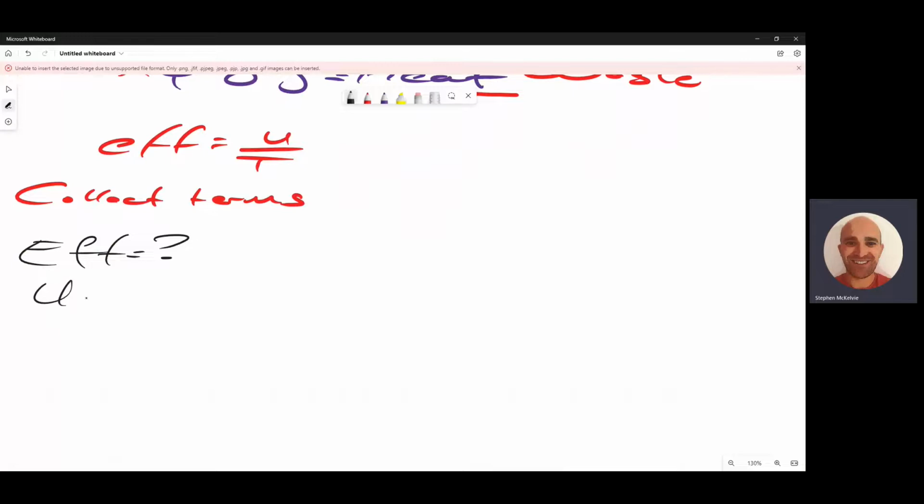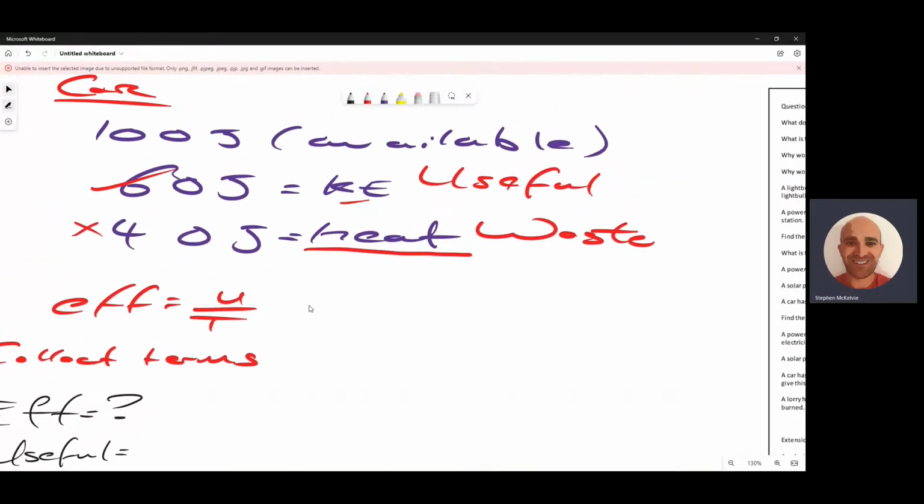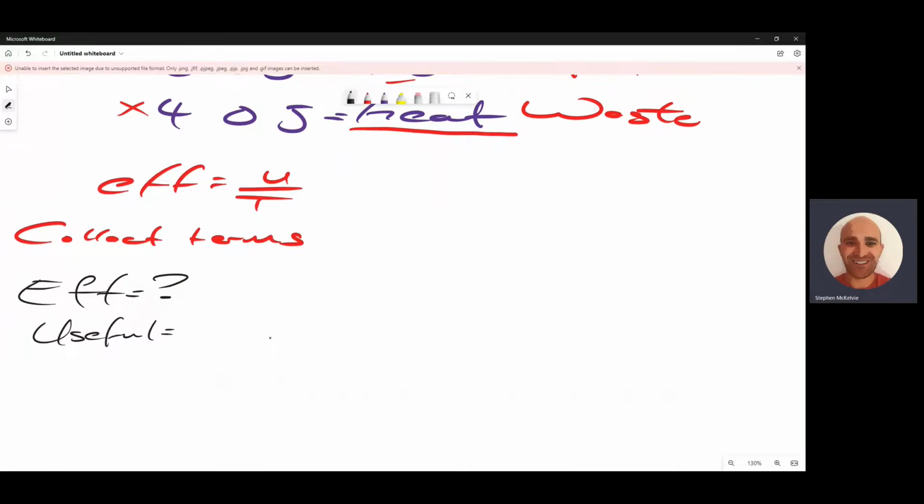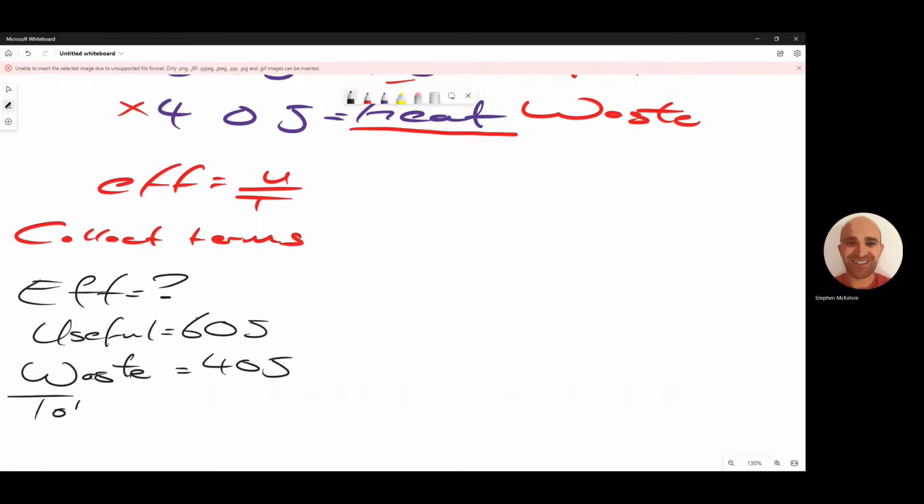The useful energy will be the energy in the system that is doing what I wanted it to do. In this case, looking back at the scenario, 60 joules is useful energy. We have to find the waste energy, which is 40 joules, and the total energy put in, which is 100 joules.